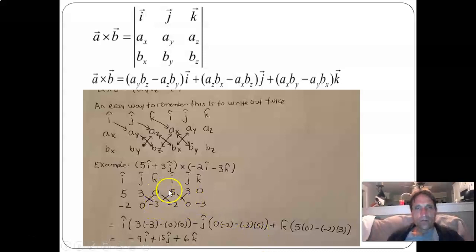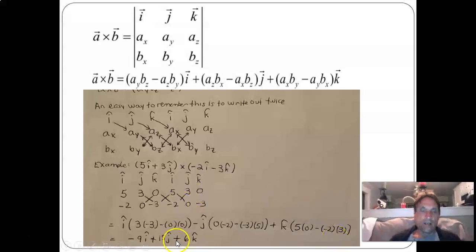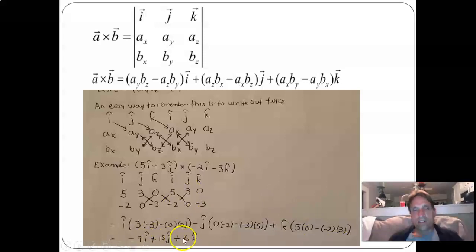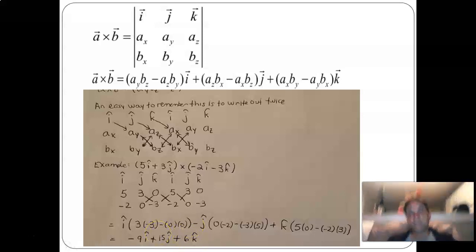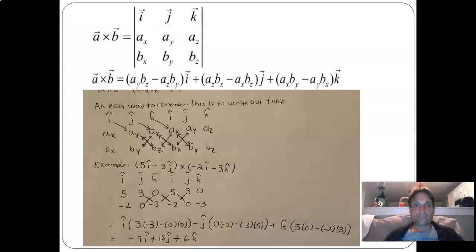For the K component, we go over 1 and we do the diagonal, 5 times 0, minus 3 times negative 2. And then we add them all up, and the result is negative 9I plus 15J plus 6K. So the result has components along the X direction, the Y direction, and the Z direction.